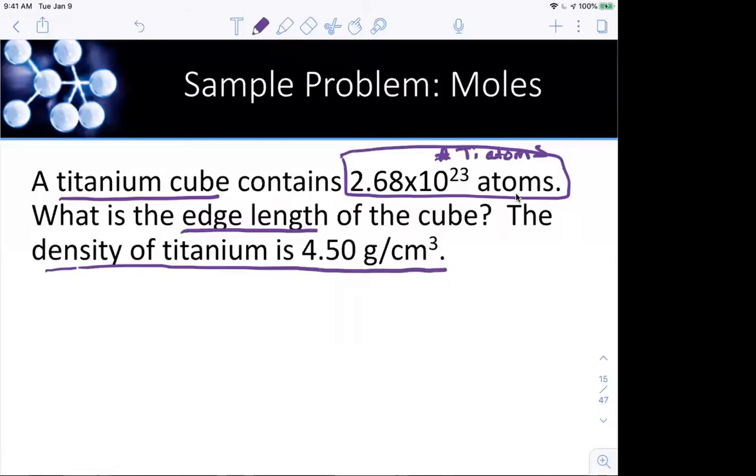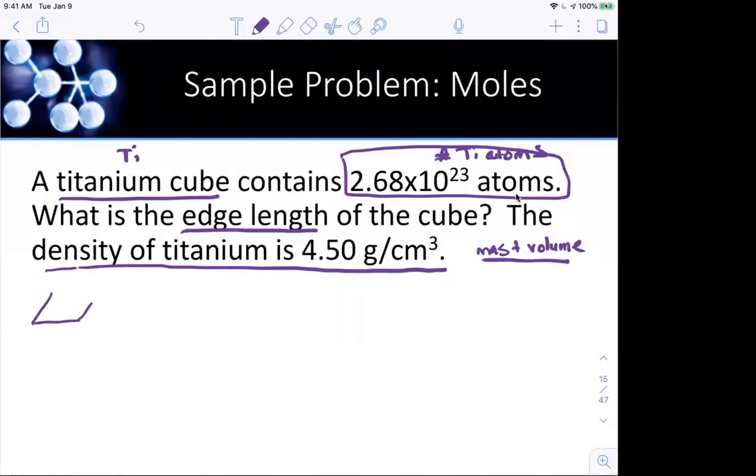I have a couple of concepts coming in. I've got density. Remember, this is relating mass and volume together, right? That's what density is doing. I know my element is titanium, and I want to know what the edge length of the cube is.